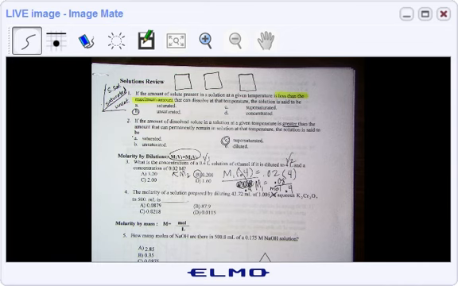That's the correct answer. It's just manipulating a problem algebraically.